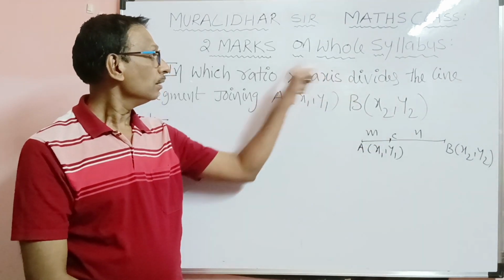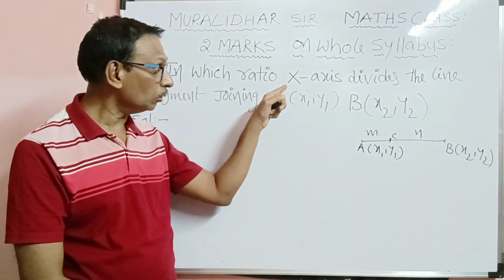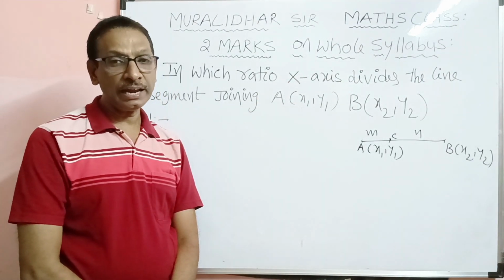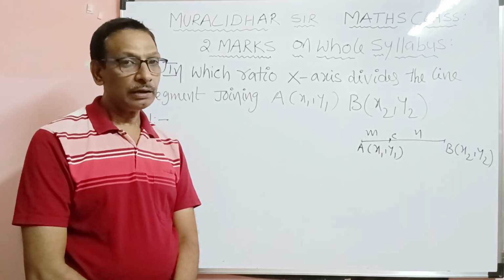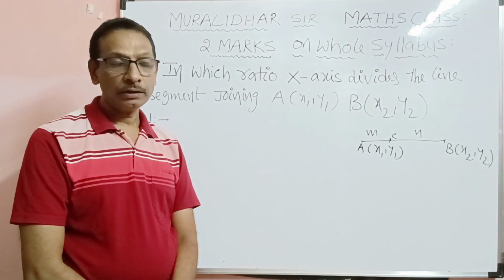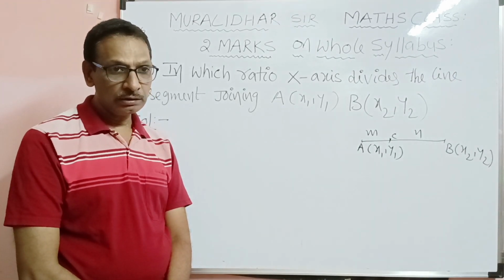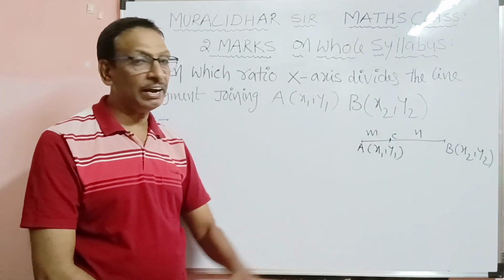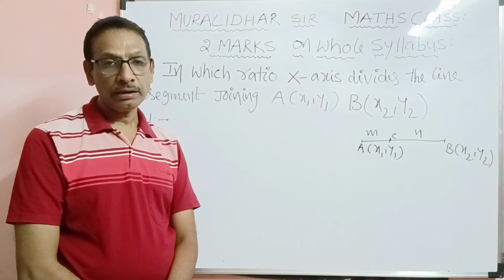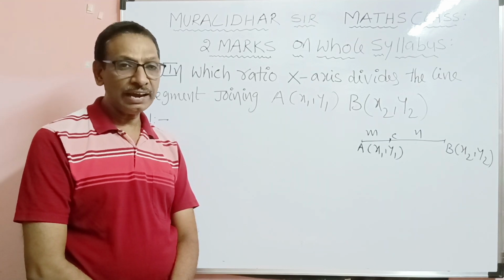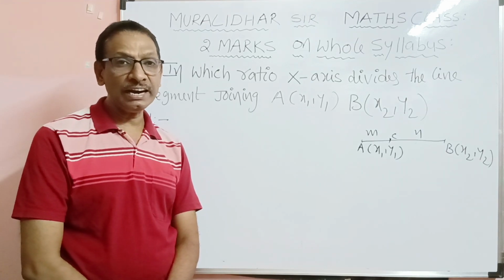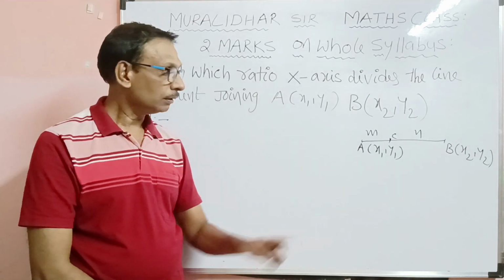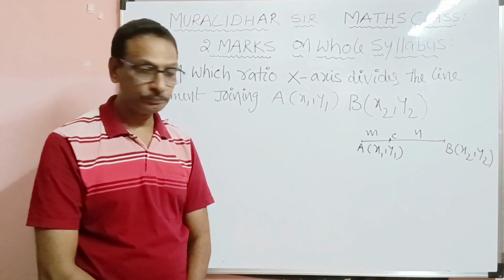That means in which ratio the x-axis divides the line segment. In the general way it is some x comma y. If that point is on the x-axis, its coordinates we take as x comma 0. C is the point (x, 0).